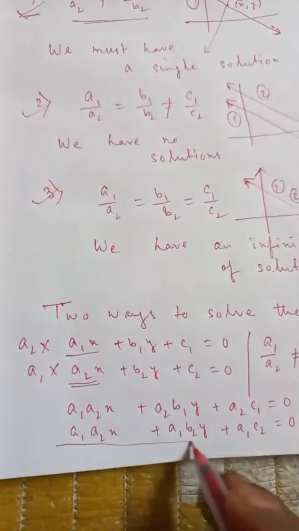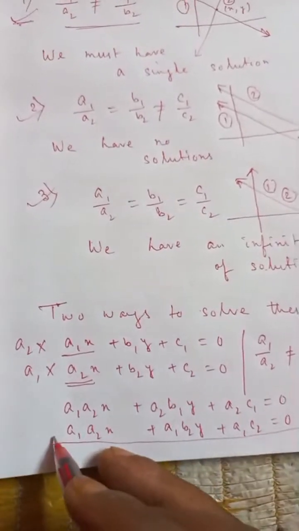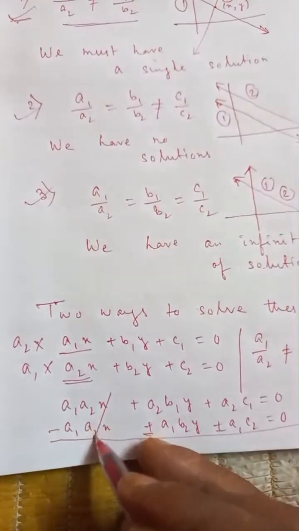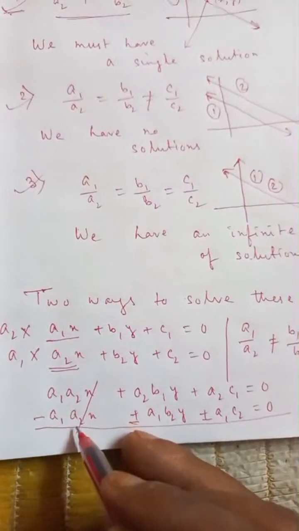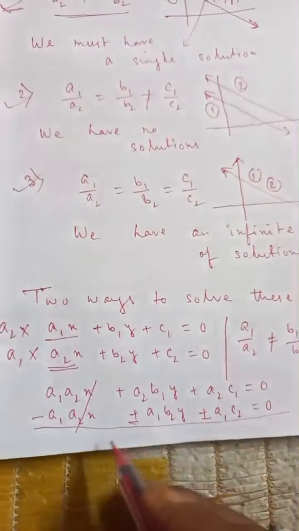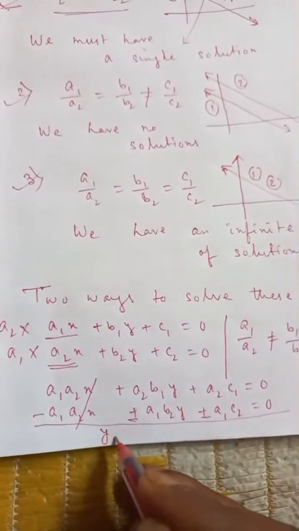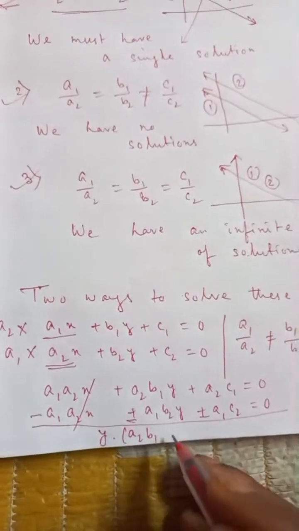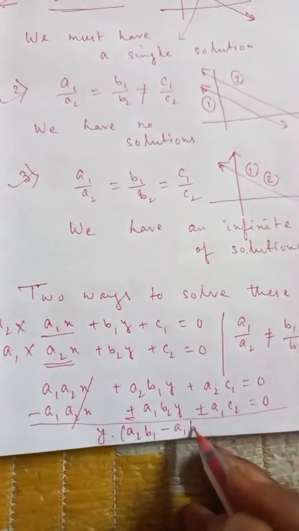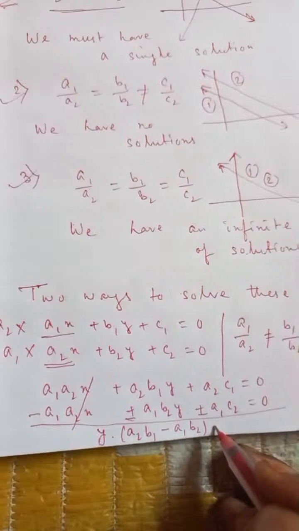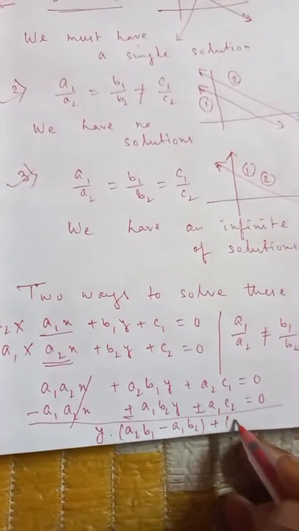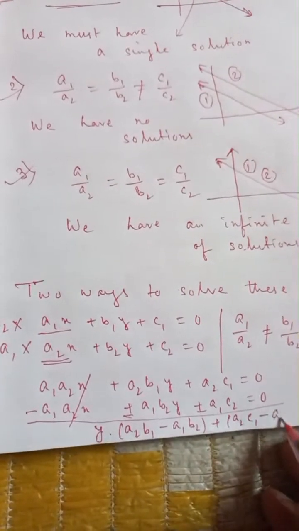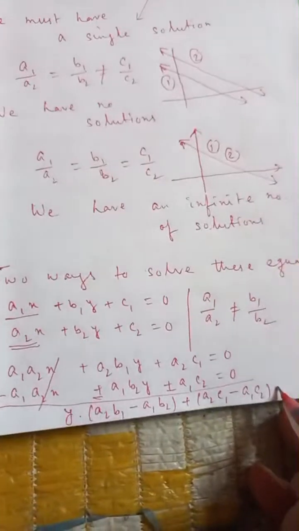If we subtract these two equations, then we can cancel the first variable x for being the same, and for the second variable we get y times (a2b1 minus a1b2) plus a2c1 minus a1c2 equal to 0.